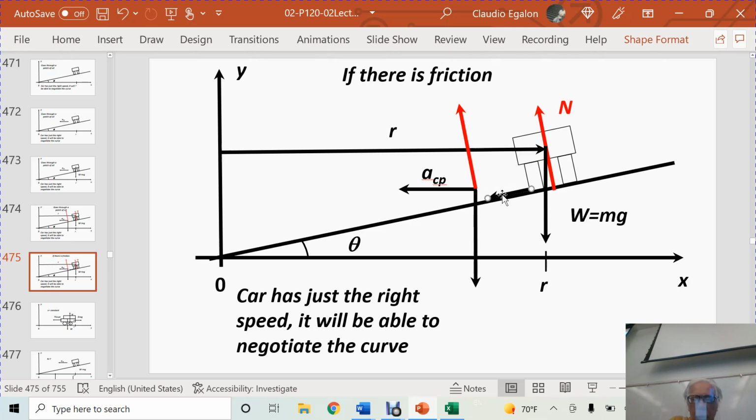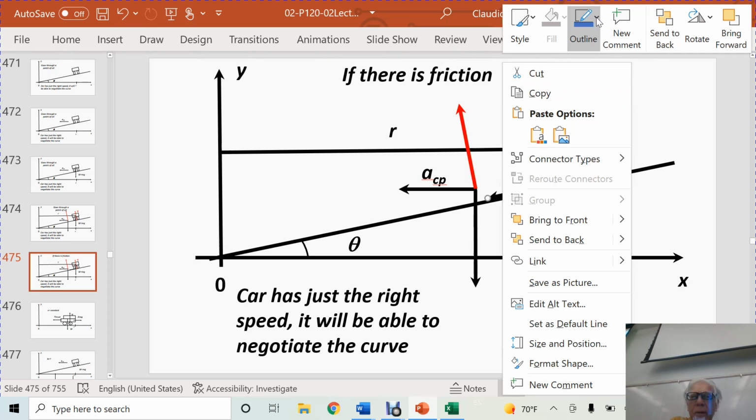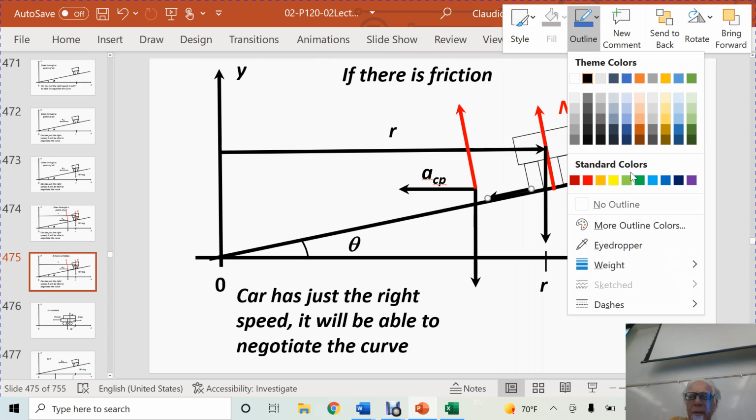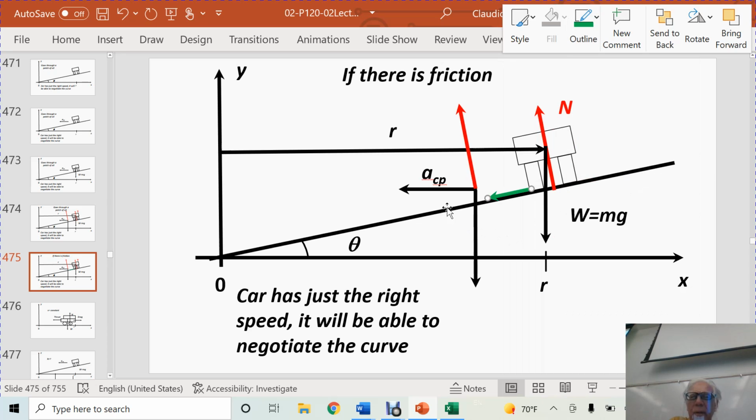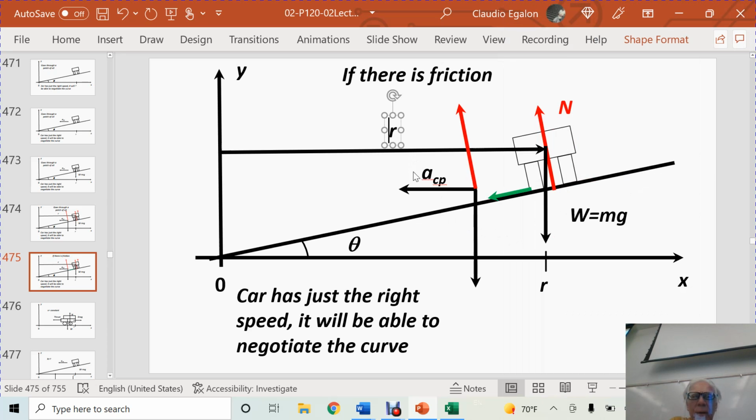I'm going to change the color. Okay, and we gotta put the force of static friction there. The added friction is gonna add complicated mathematical difficulty to the problem, because now your friction is gonna have a vertical component and a horizontal component.